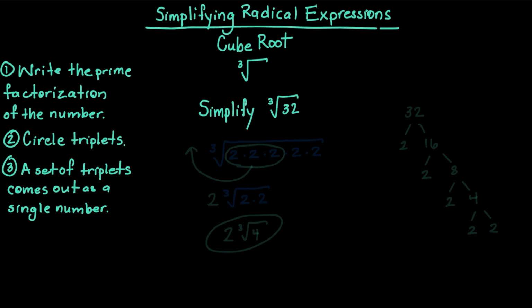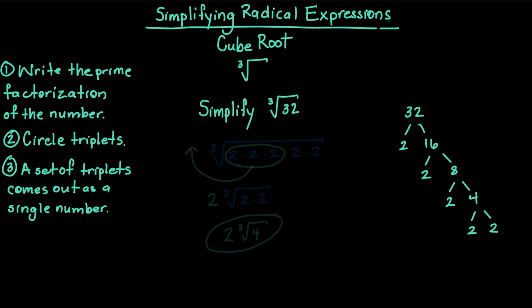Okay, we want to simplify the cube root of 32. We know it's a cube root because we have a 3 inside the root. So step one, we're going to take 32 and write the prime factorization. 32, we can start with 2 times 16. 2 is prime, so that branch is done. 16 is 2 times 8. 2 is prime, so that branch is done. 8 is 2 times 4, and 4 is 2 times 2.